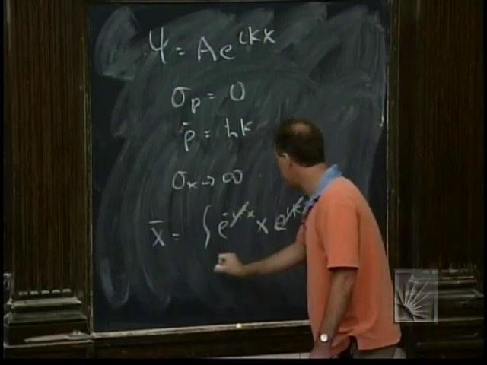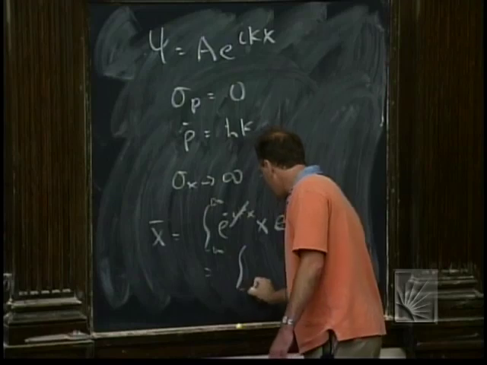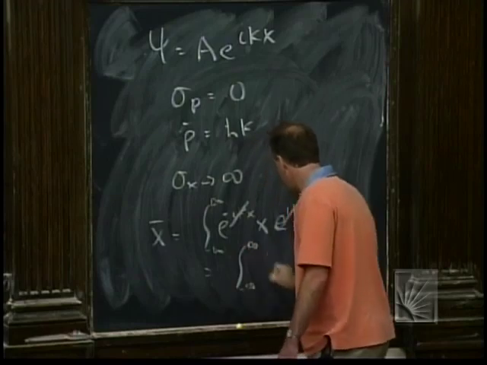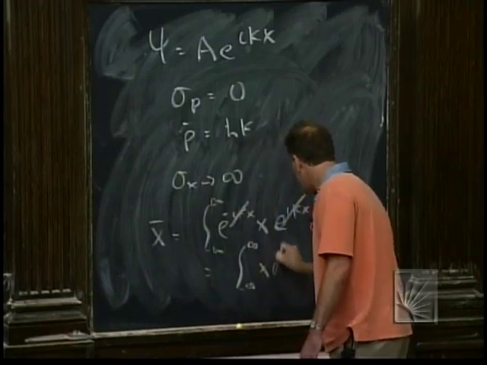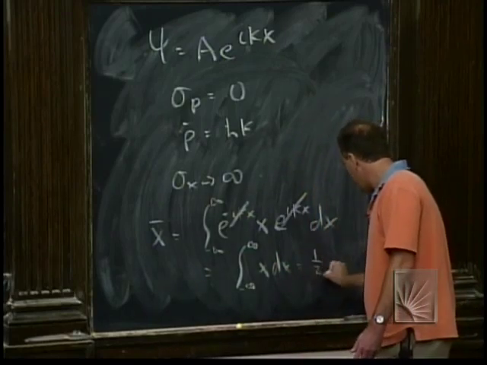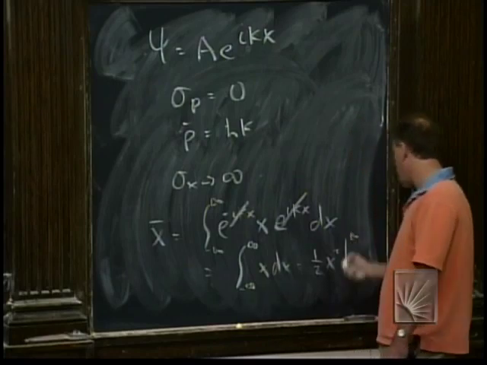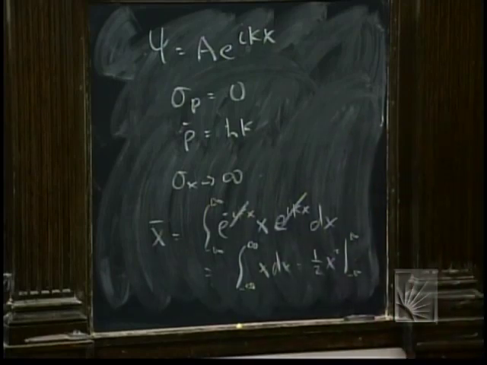These things just cancel. This is the integral, and by God, I've got to integrate over the full wave function, from minus infinity to infinity of x dx. That's one half x squared evaluated at minus infinity, infinity. Well, okay, I could maybe say that that's infinity squared minus infinity squared, but it's basically nonsense.